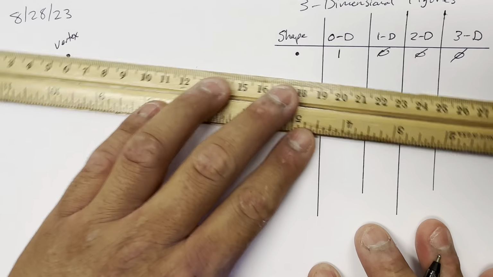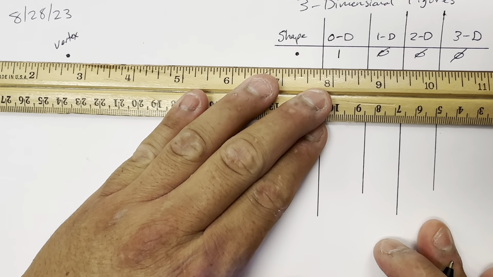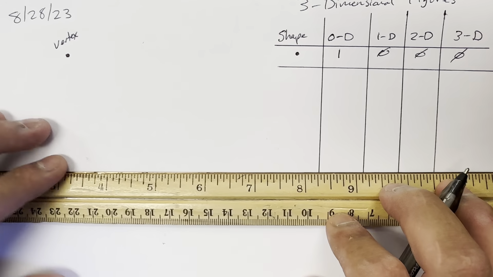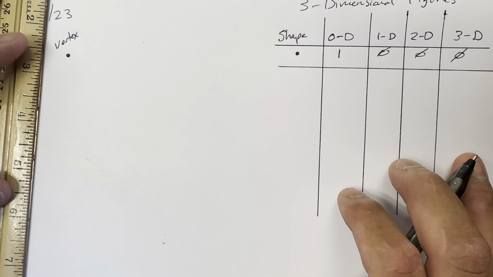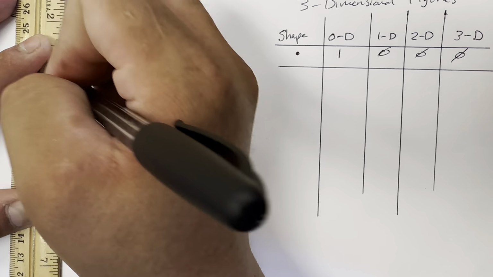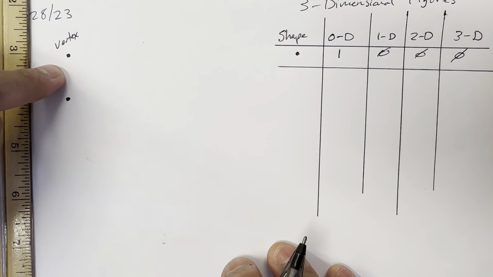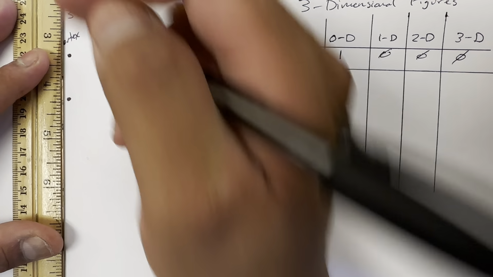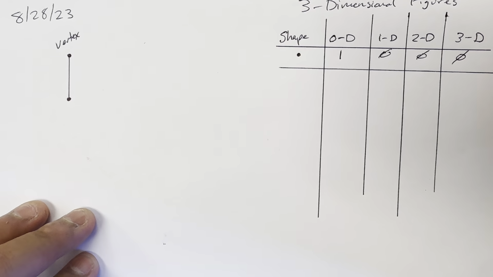Okay. And then you're going to use your straight edge on your ruler. You're not going to use protractors today, just rulers. Okay. Let's draw one more vertex here. Now, if you guys remember, if we have two points, we're going to connect them and we're going to have a line segment.